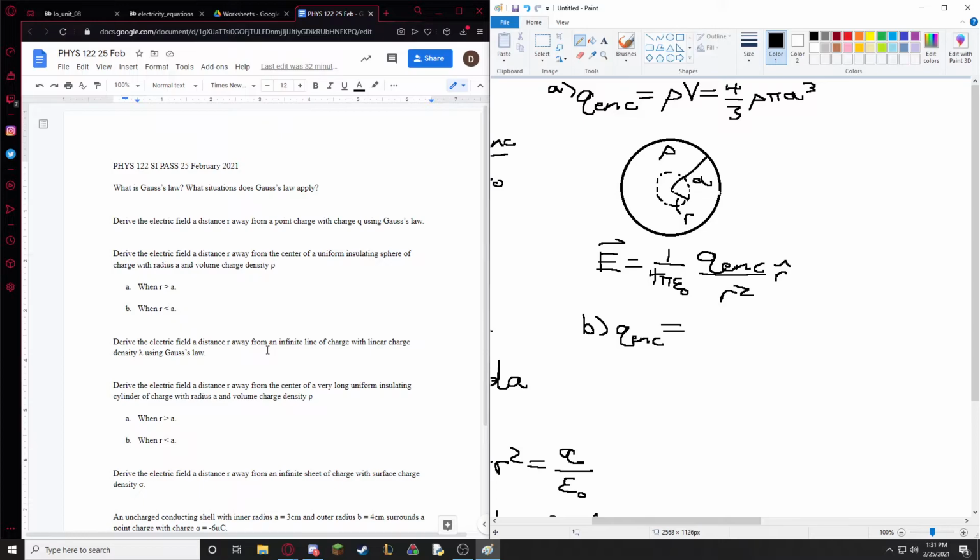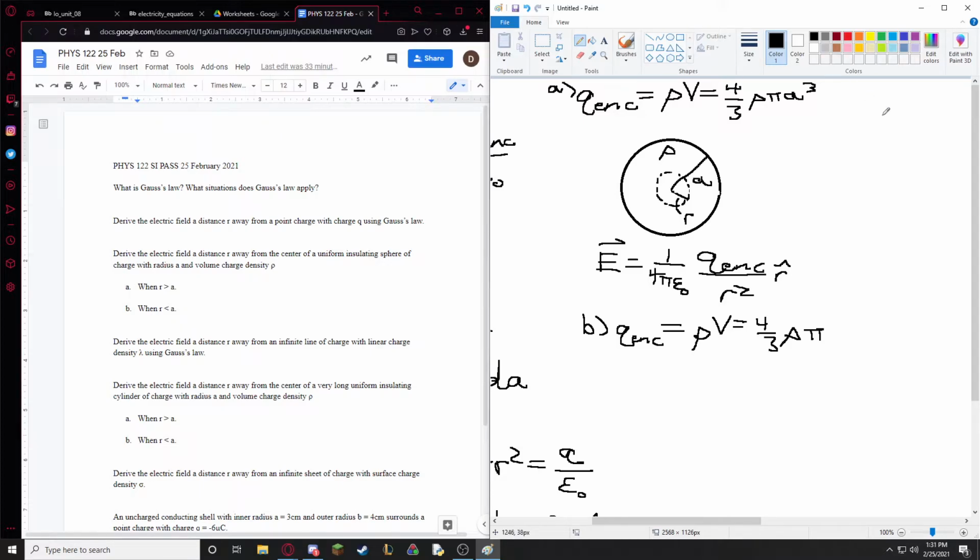It's rho times volume enclosed. Exactly. And what's our volume enclosed? 4/3 pi r cubed. Exactly. So it's going to be 4/3 rho pi r cubed. Before, our surface was outside our sphere, so our enclosed charge was the volume of our entire sphere, 4/3 rho pi a cubed, which are all constants.